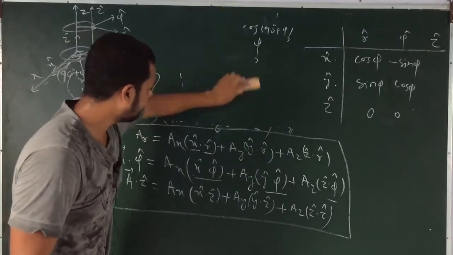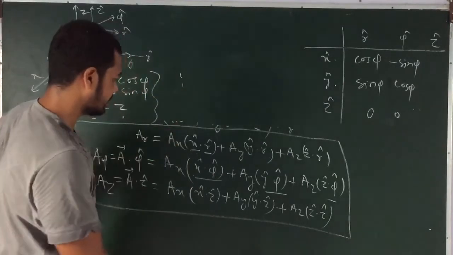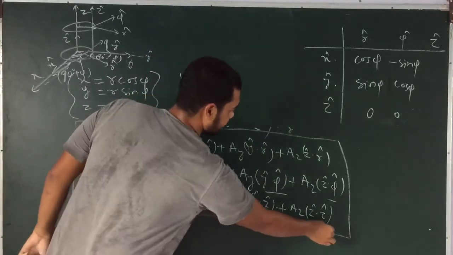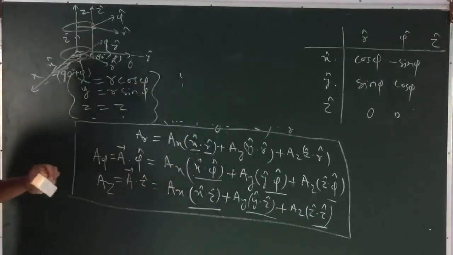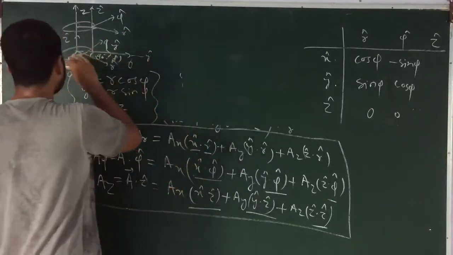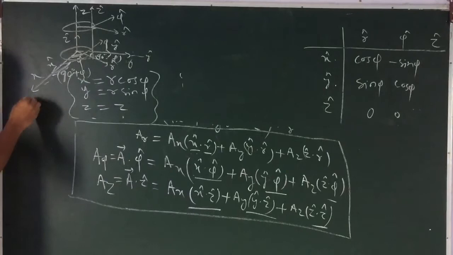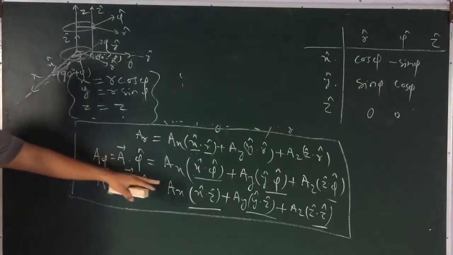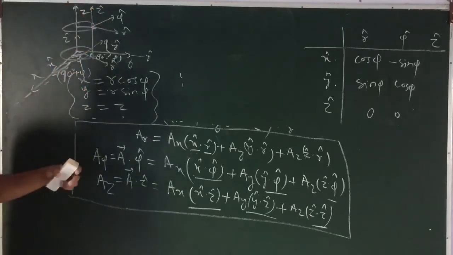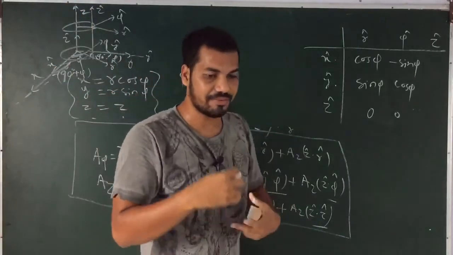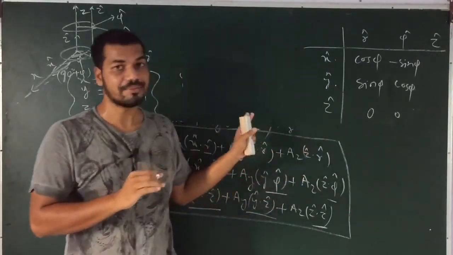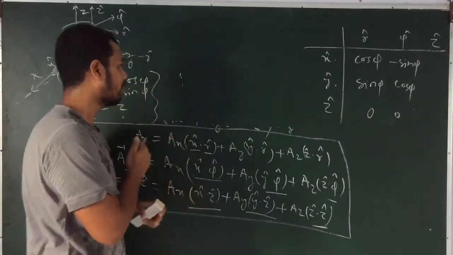Then I have to calculate the last unit vectors, x cap dot z cap, y cap dot z cap and z cap dot z cap, which is very simple. The direction of x cap in the Cartesian coordinate system is in this direction. The direction of z cap in the cylindrical coordinate system is this direction, which I have already told. The z cap direction in the Cartesian coordinate system is equal to the z cap direction in the cylindrical coordinate system.